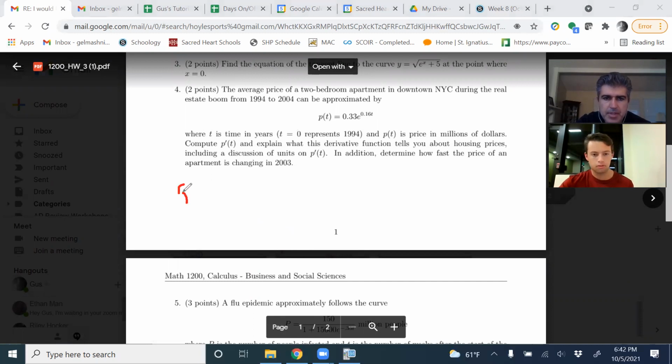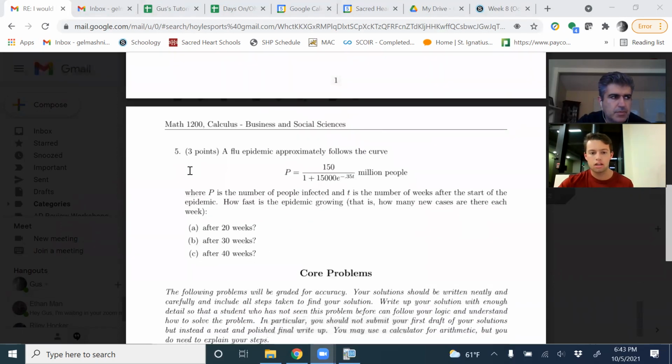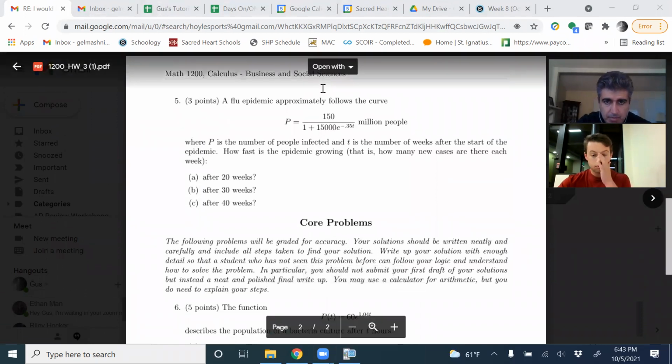P prime of t is easy, that's just 0.33, because that's number 4. Sorry, I meant number 4. Oh yeah, we never even touched this one. Yeah, this one started to get really confusing. How fast is it growing?